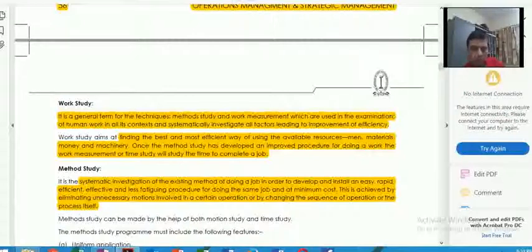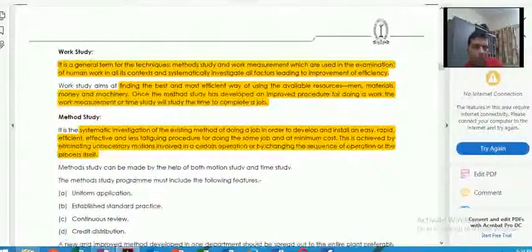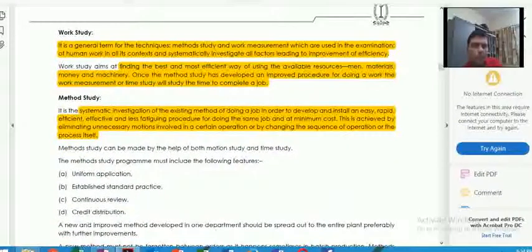Now coming to the next part, that is called method study. What do you mean by method study? Method, if you go by the meaning of the term, means technique. Technique of what? Of doing a job, of installing a machinery, of achieving the lowest cost. Technique can be of anything.